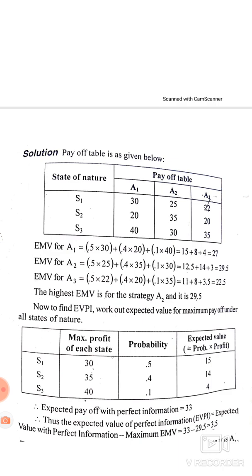Then we will add these values, so the expected payoff with perfect information comes out to be 33. Now we will write the formula: expected value of perfect information is equal to expected value with perfect information minus maximum expected monetary value, which is 33 minus 29.5, and the value will come out to be 3.5.